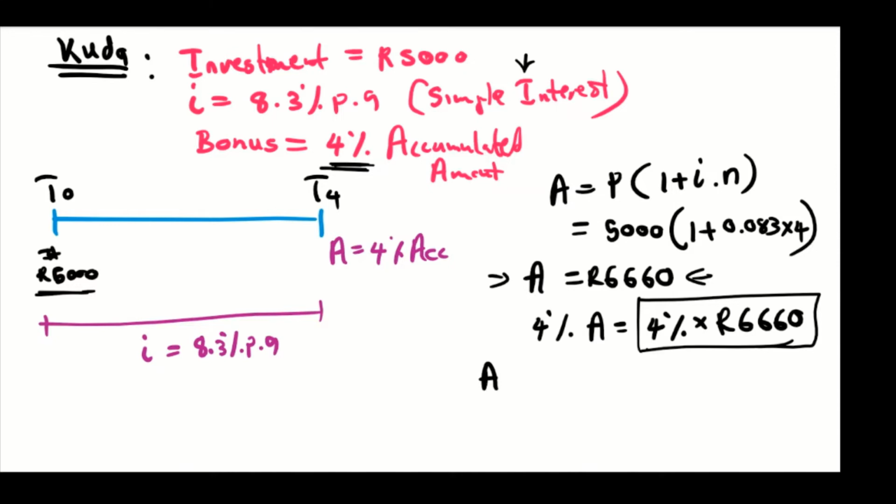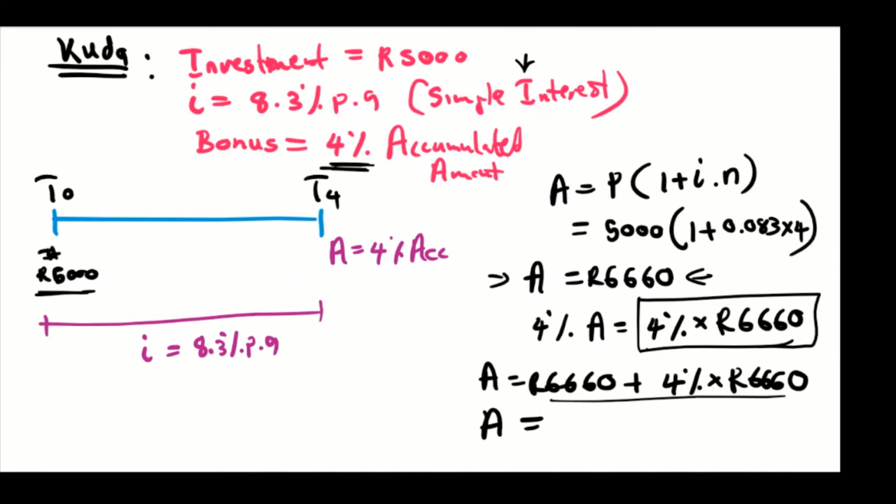So the actual amount is equal to 6,660 plus 4% of 6,660. You punch in your calculator this entire value, and you're supposed to get 6,926.4. So this is the amount that Kuda is going to get towards his investment.